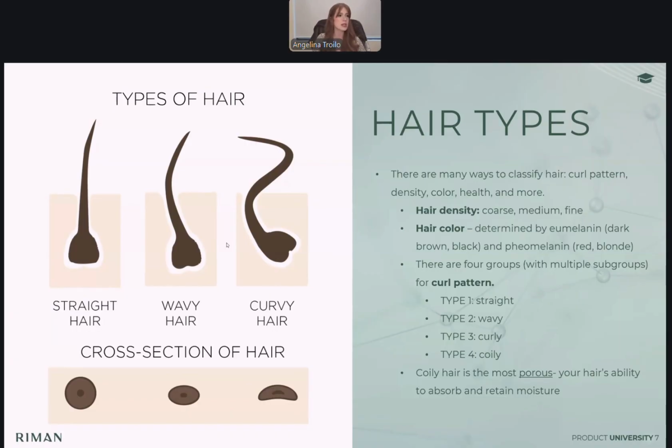As you can see here, some of these types of hair are able to be identified through the visible structure of the hair, how it is growing, how it is structured in terms of its cross section. So for example, here, when we look towards curl pattern as an influence to hair type, straight hair actually grows pretty much straight up from the follicle, whereas wavy hair and upwards to curvy hair, it begins to take on an angle beneath the skin that influences how the hair ultimately is going to curl once it comes out of the skin.